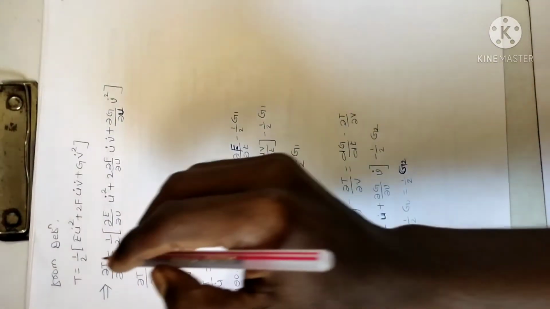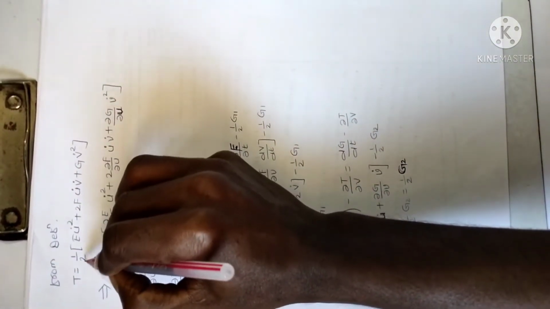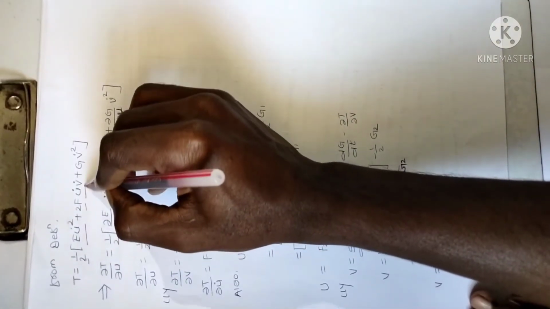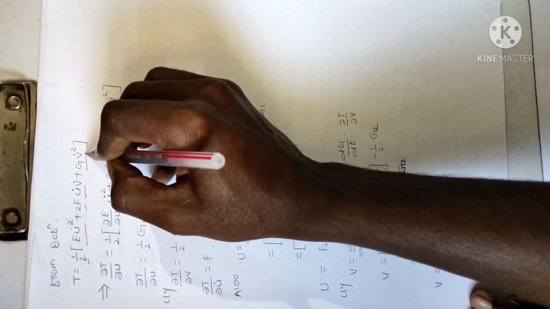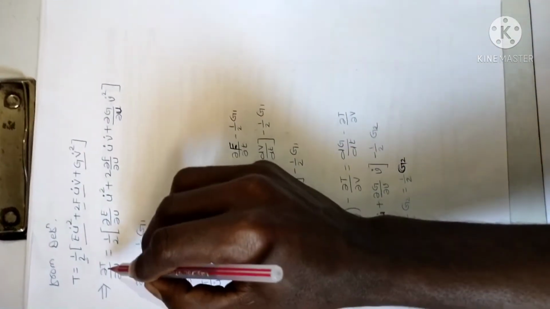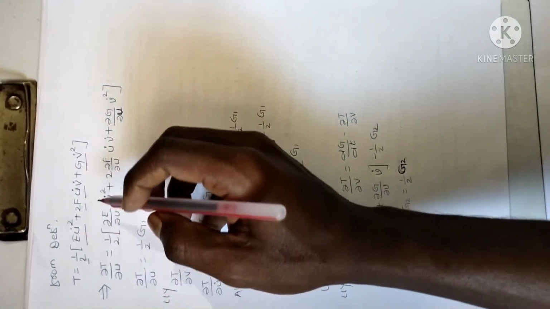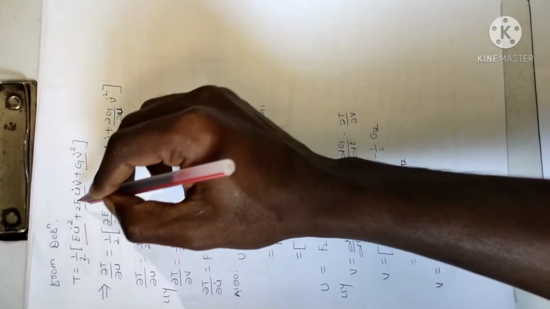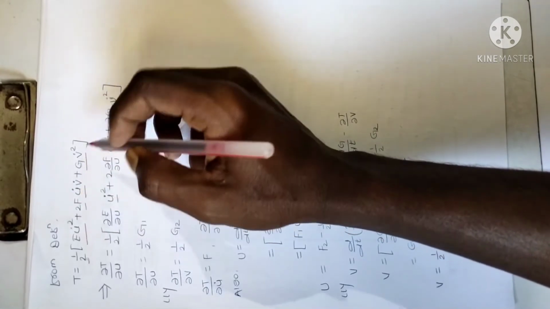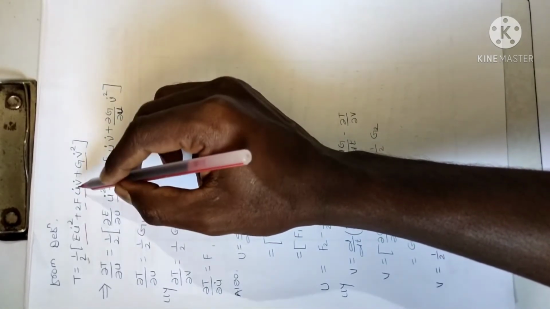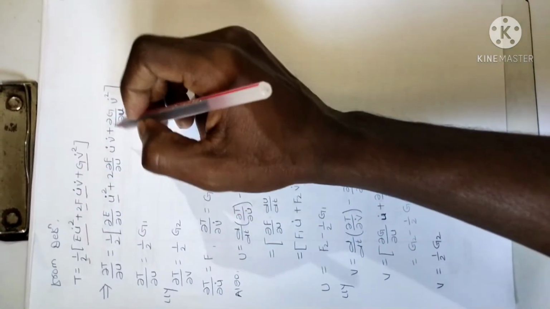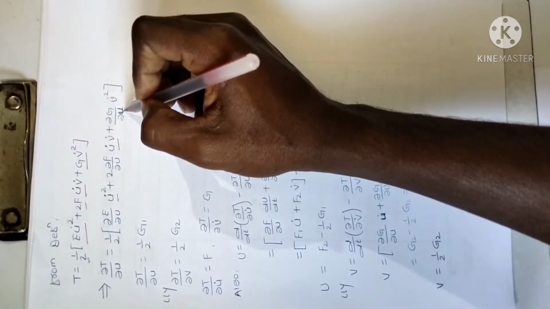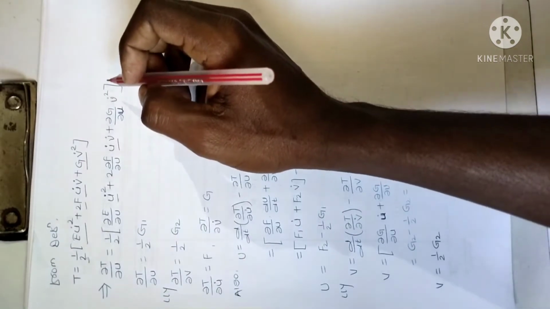From the definition, the value of capital T is half of E u dot square plus 2F u dot v dot plus G v dot square, and del T by del u is equal to half of del E by del u u dot square plus 2 times del F by del u u dot v dot, plus del G by del u into v dot square.